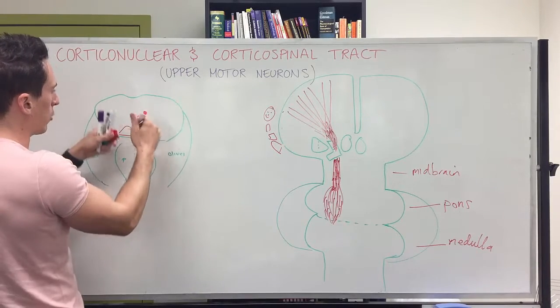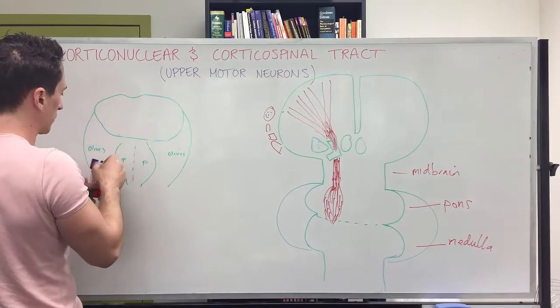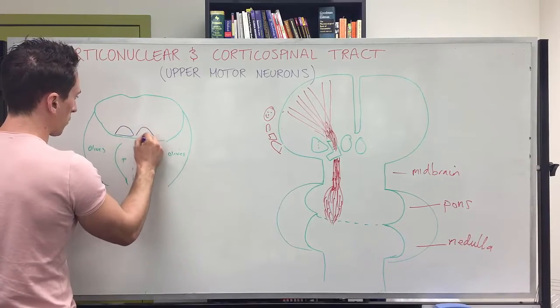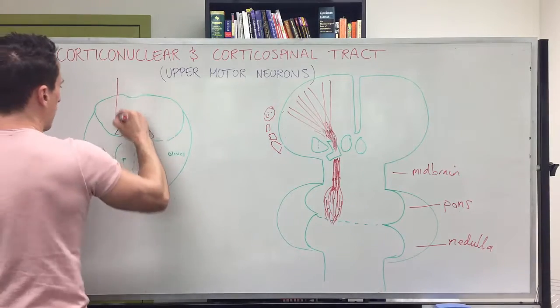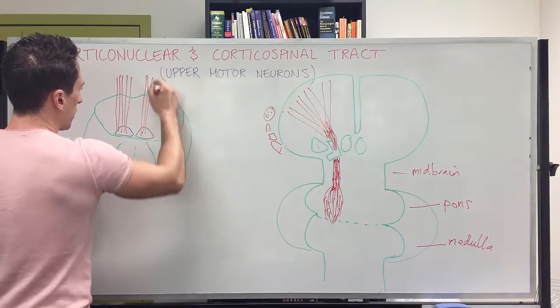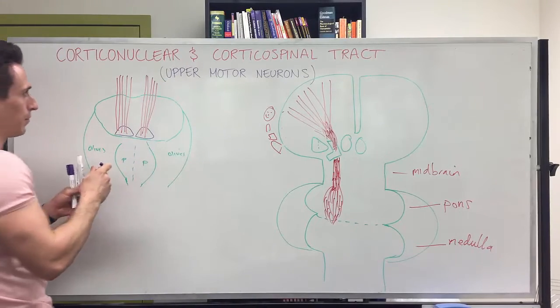Not the olives, but the pyramids, which means, I'll draw that in another color. As these fibers start to descend down, they go into the pyramids of the medulla, also known as the medullary pyramids. Let's write that down.